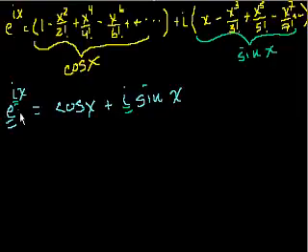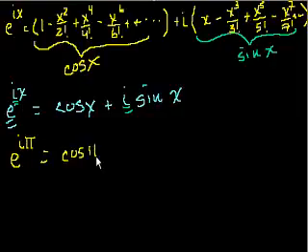Before, we didn't have any way of saying what it means to take something to the i pi power. But now we do, because we're saying that these two sides are equal to each other. So what happens? Let me do this in a bold color, because it deserves to be bold. e to the i pi is equal to, where x is pi, cosine of pi plus i sine of pi.